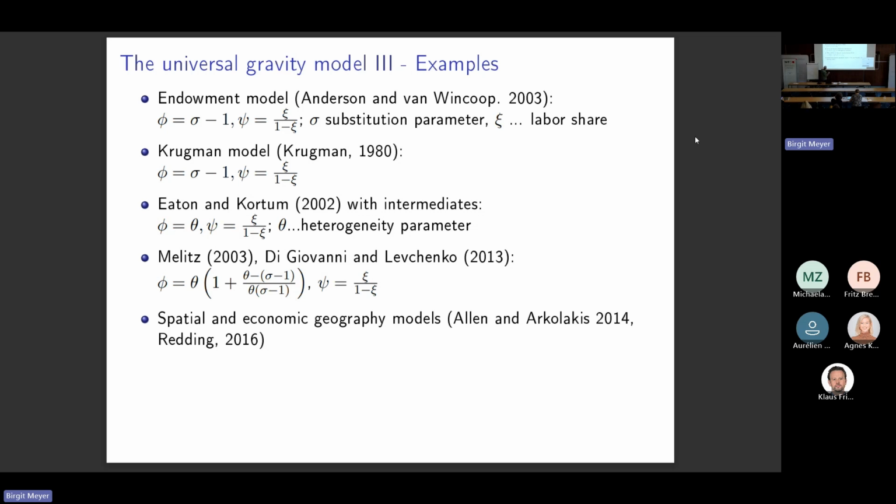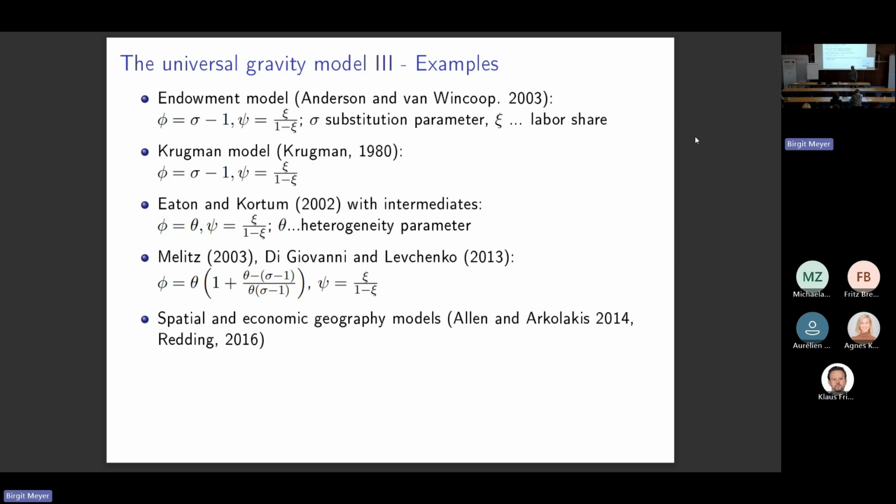For example, in the endowment model, the phi would be sigma minus 1, and the psi would be like this one, and this would be the labor share. You know, we don't have a labor in the Eaton-Kortum model, but you might do that. The problem is, it would be interesting without, say, roundabout production, but this is not covered up here. So you have to write it from scratch because, you know, if this is 0, that is not really defined, okay?